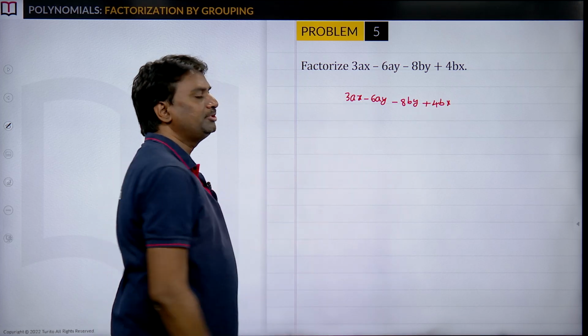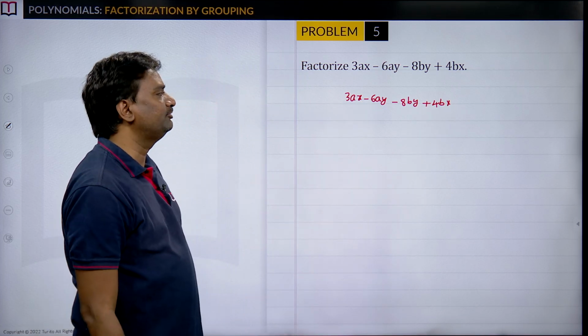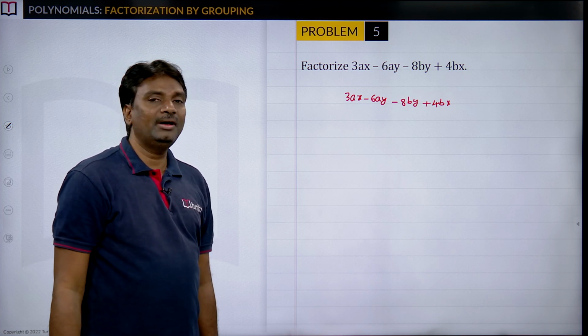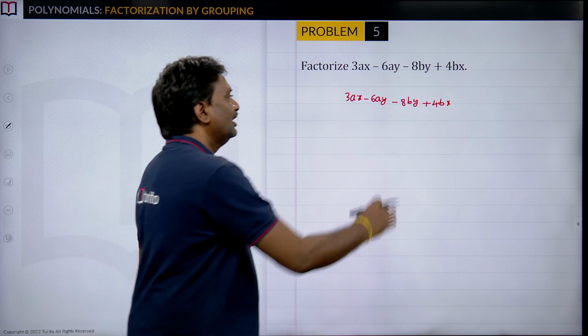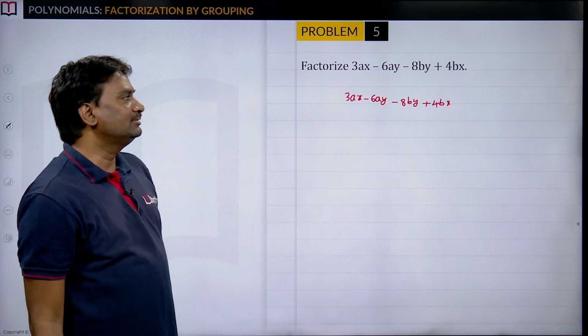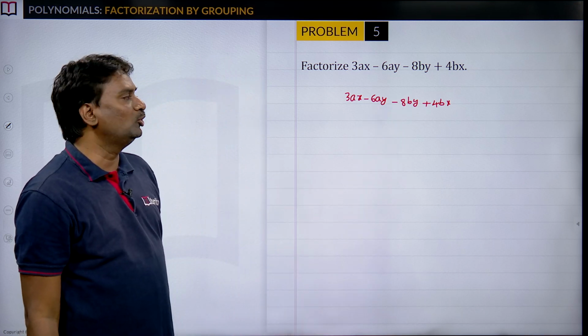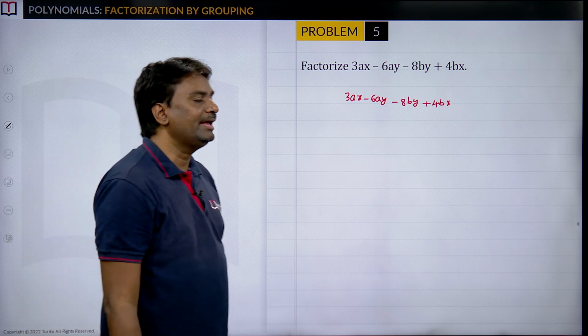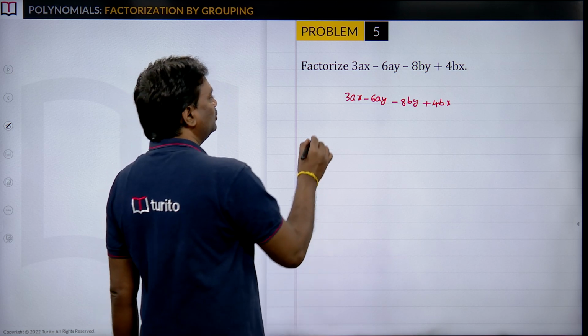By taking the first two terms 3ax minus 6ay as one group, if we take 3a as common, you will get x minus 2y. Here if we take minus 8by plus 4bx as one group, from that group you can take 4b as common, again you will get x minus 2y.